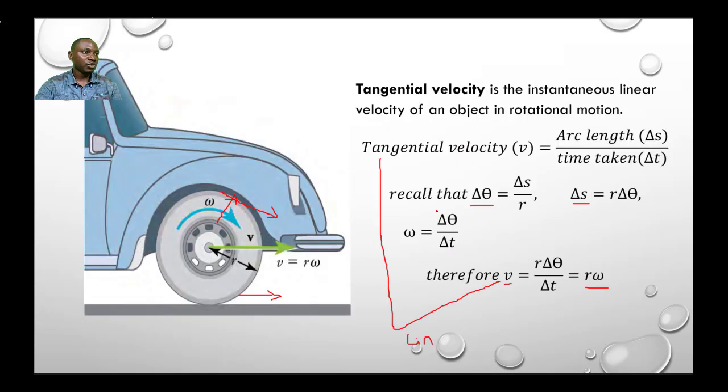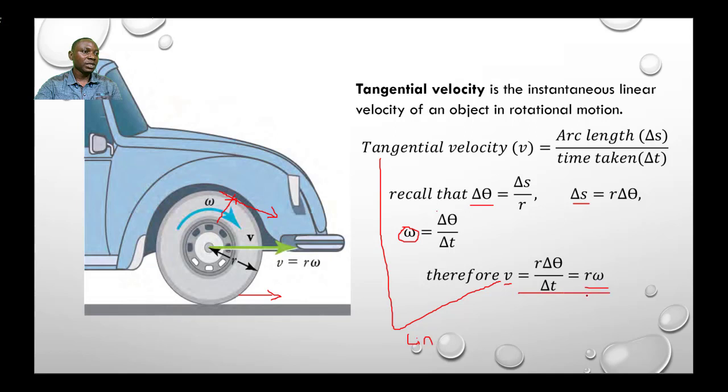So we substitute this into this value. That is why we are able to get r to change to angular displacement over time, and angular displacement over time is angular velocity. So angular velocity multiplied by r, that is how we got this.